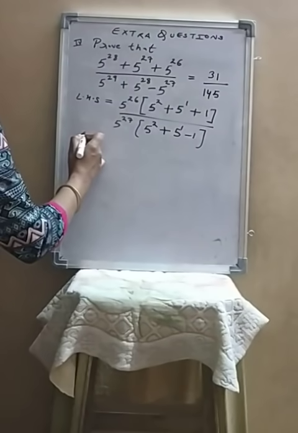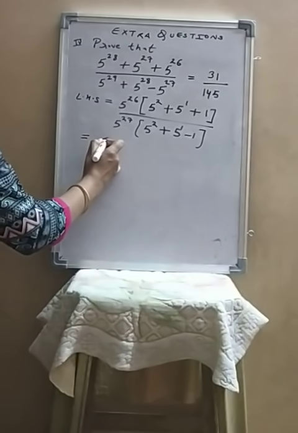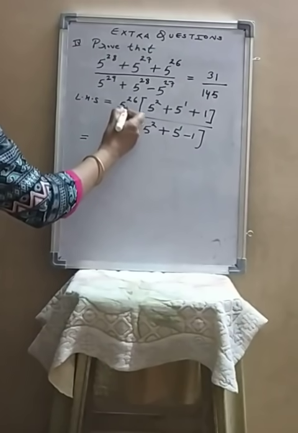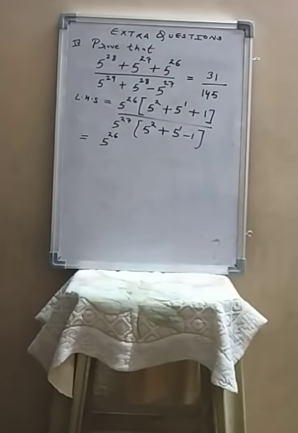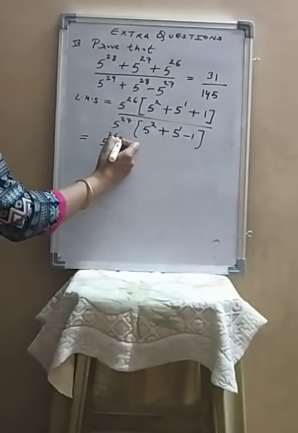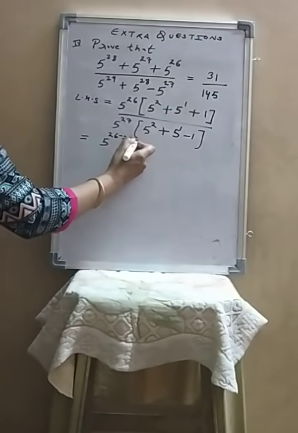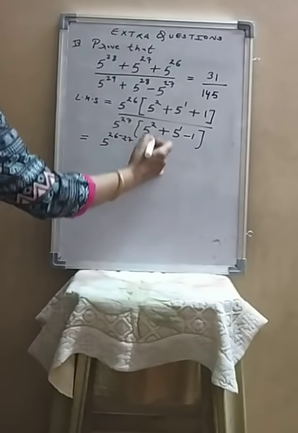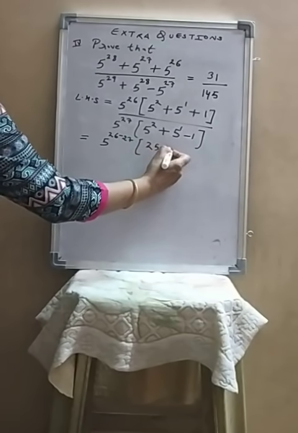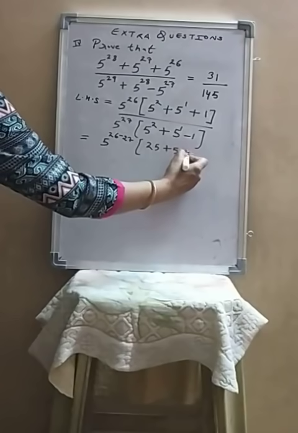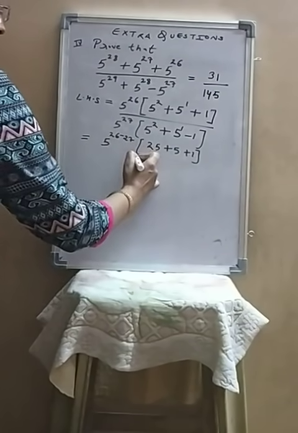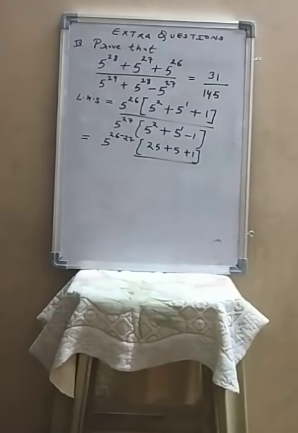Now children, this is further equal to 5 raised to the power 26. I can apply the law here that the bases are same and we can subtract the powers. And rest I can solve like this. 25 plus 5 plus 1. Similarly, in the denominator, for these two I have applied the law.